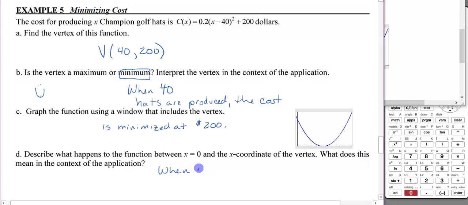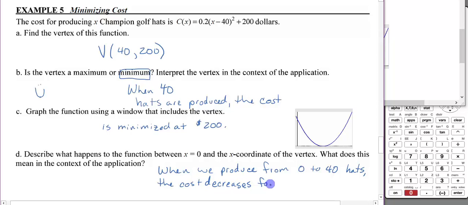When we produce from 0 to 40 hats, then the cost decreases for each hat.